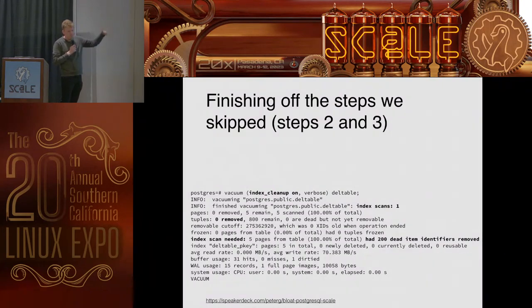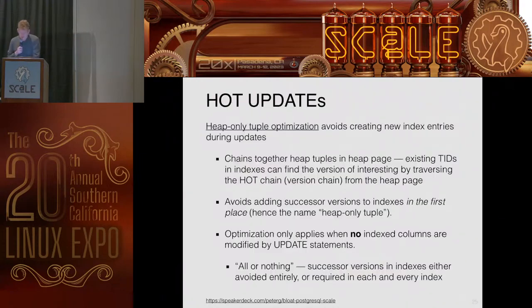So by initially doing a vacuum with the index cleanup off and then doing a regular vacuum immediately afterwards, we could see how the details changed. It's finishing off the job we started in the first manual vacuum operation, basically. So that illustrates the point quite well, because you can see there's a difference between a dead tuple and a dead item identifier, and sometimes it actually matters a lot.